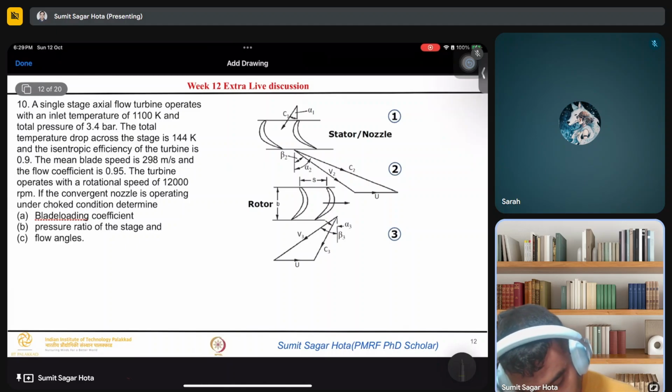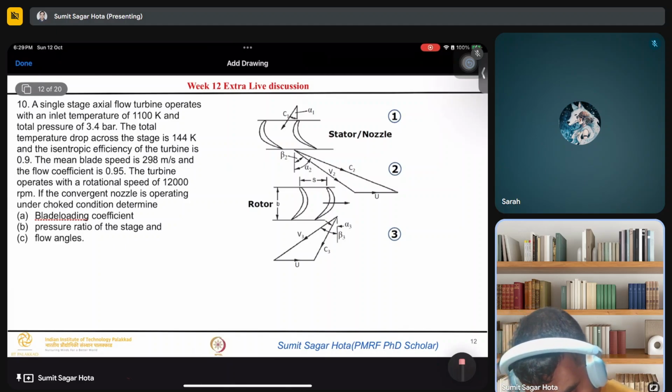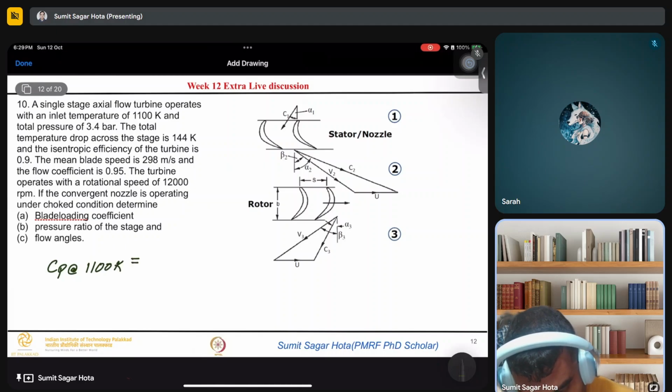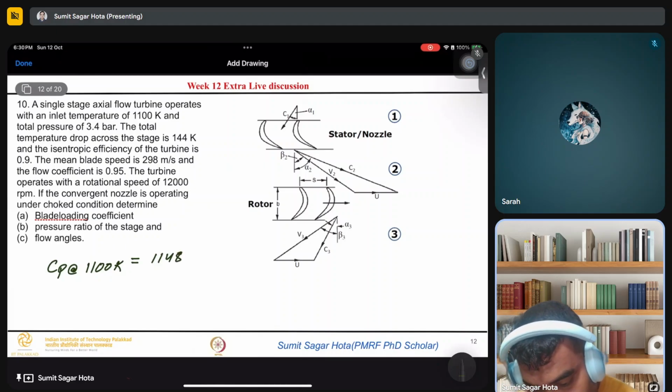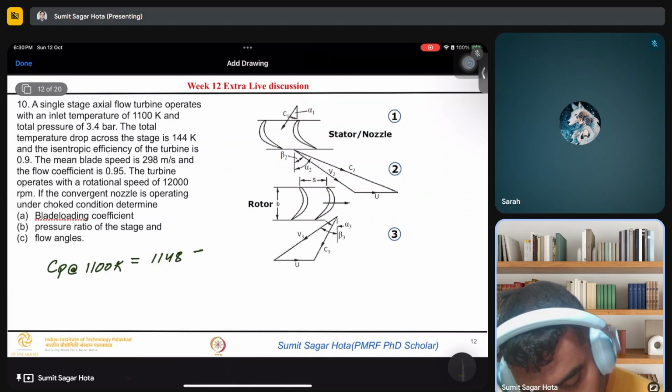So let's take the Cp value. For the inlet temperature of 1100 Kelvin, they should give the Cp value. So the Cp I will write down from the table. At 1100 Kelvin here, it is 1148 joule per kg Kelvin.